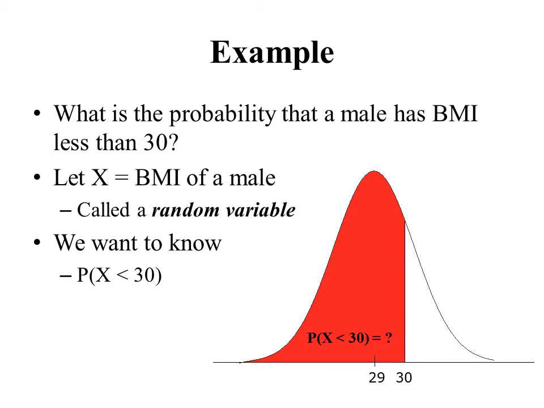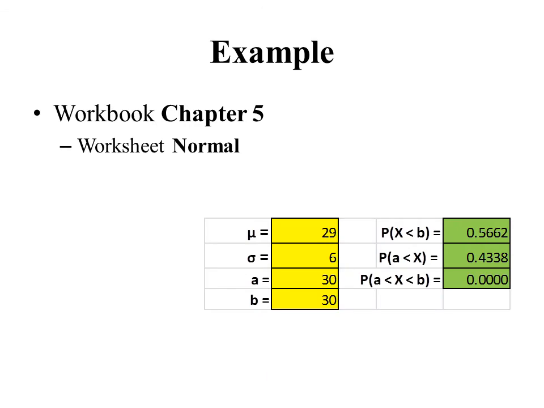Now, calculating this area is not a trivial matter, and we're not going to talk about the mathematical details behind how this is done. Instead, we're going to use the built-in formulas from this workbook, Chapter 5, which we used in part C of this lesson. If you go to the worksheet normal, you'll see some cells that look like this.